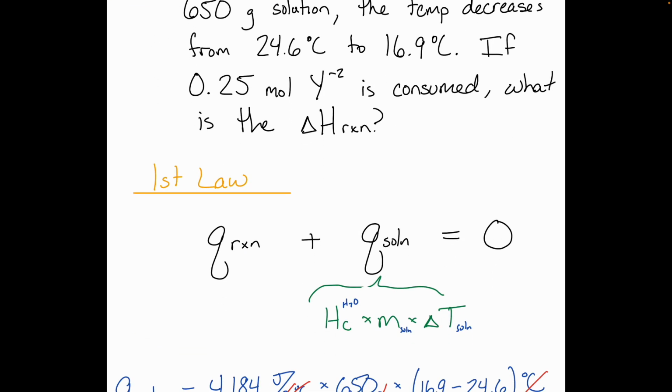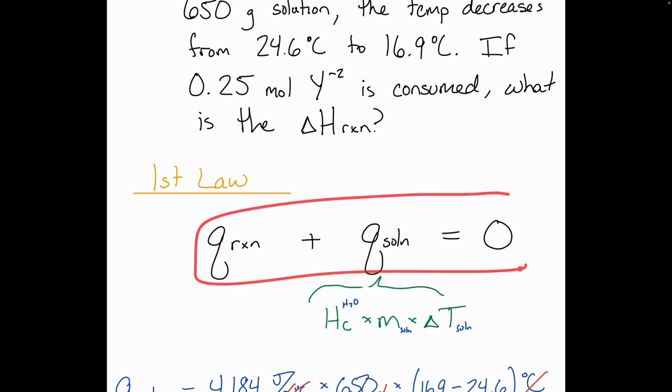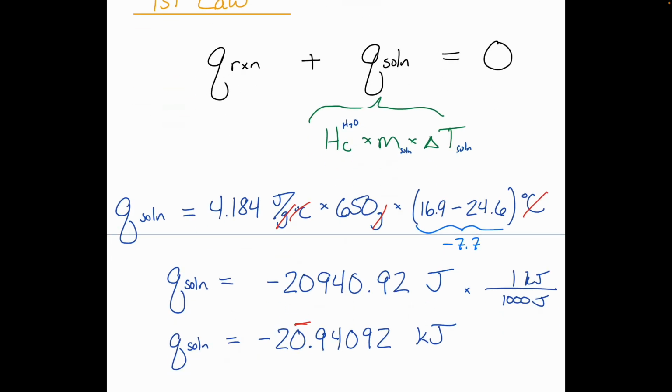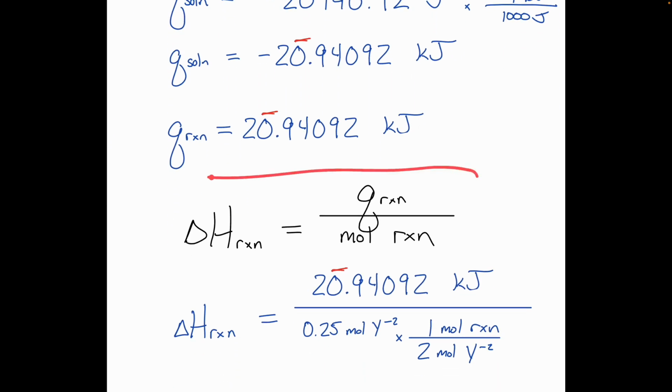From that change in temperature, we can figure out our Q solution, the amount of heat that was absorbed or released by that solution. And using the first law of thermodynamics, that will allow us to calculate the Q of that reaction, right? How much heat was absorbed or released by that reaction. And then using the fact that we know how many moles of reaction occurred, we can figure out what the delta H of that reaction is, all right?